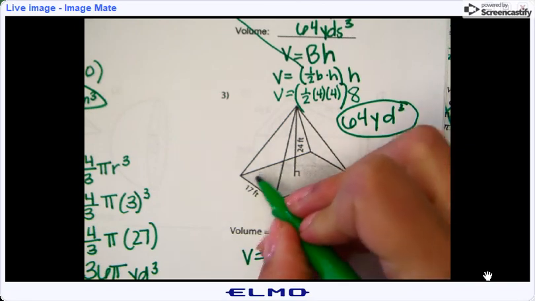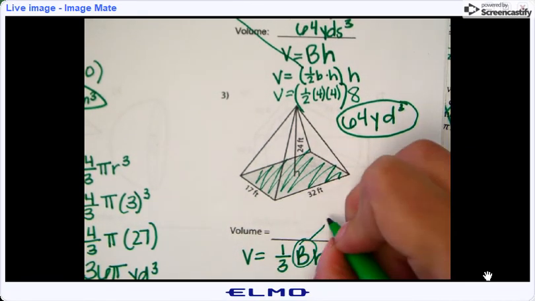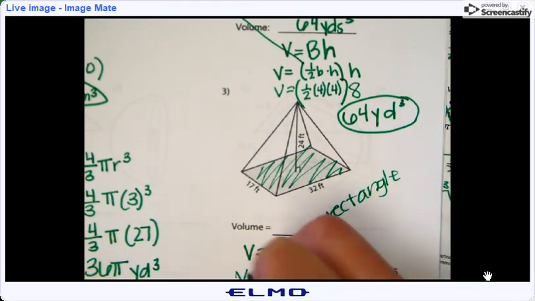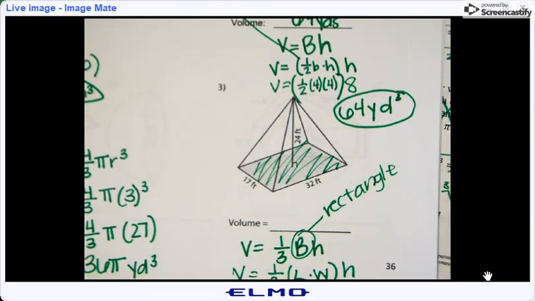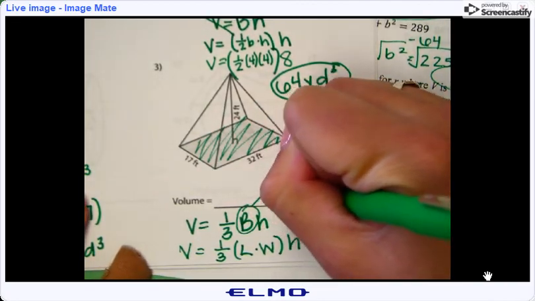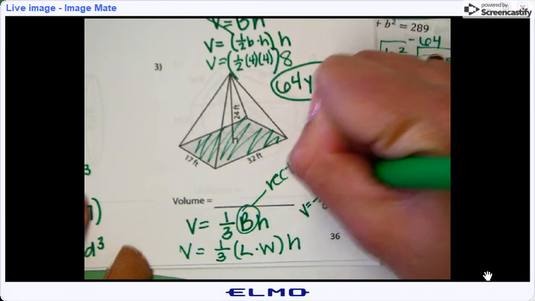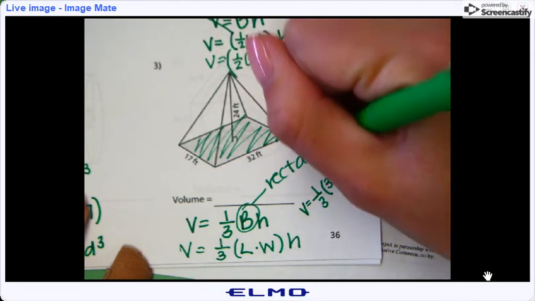Again, big B means the base of whatever you're talking about. So in this shape, the base is a rectangle. How do I find the area of a rectangle? Well, I just do length times width. So I can replace this B with length times width, and then I can fill it in. So, I know I didn't give you a ton of room here. 1/3, the length of the base is 32, the width is 17, and then my height for this whole pyramid is 24.